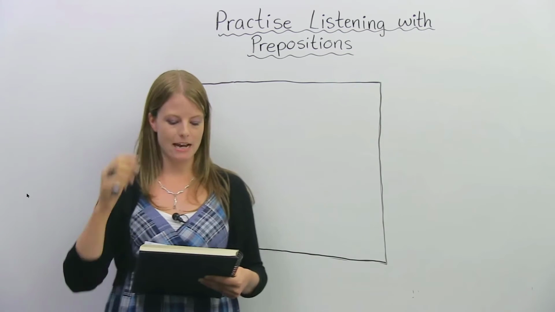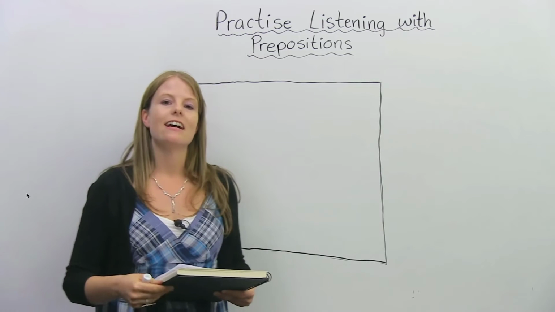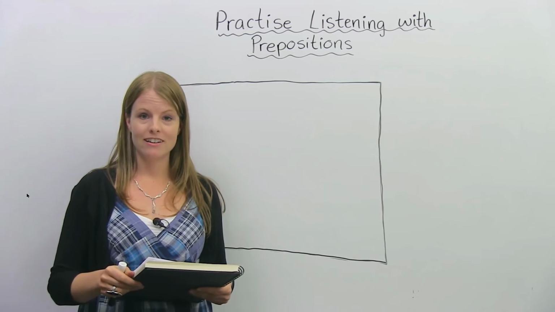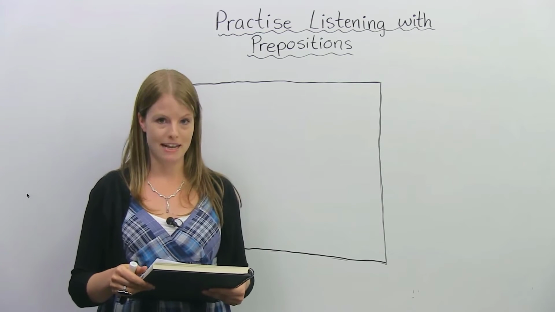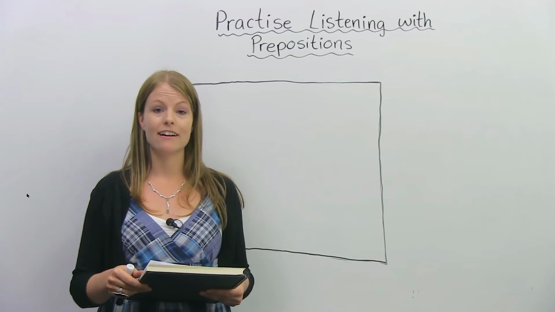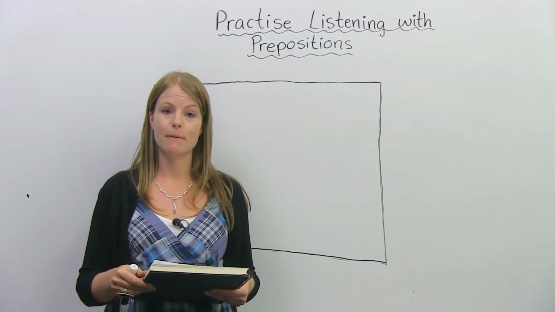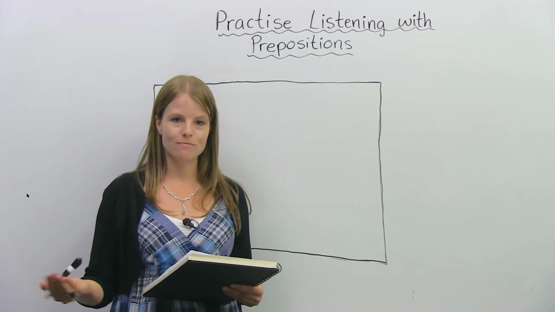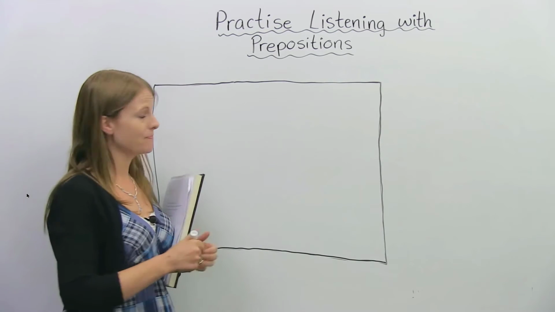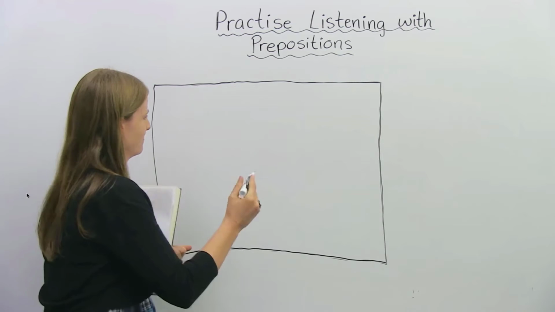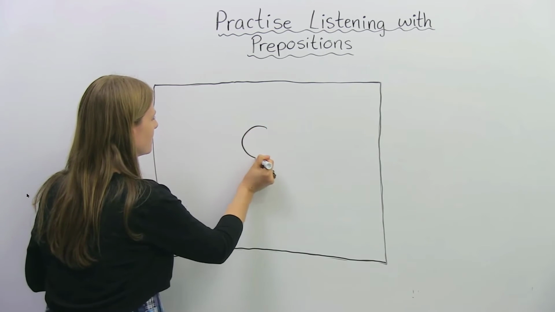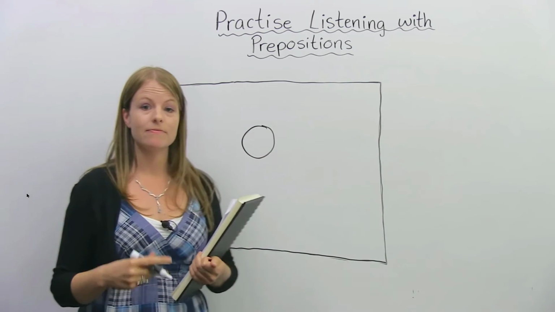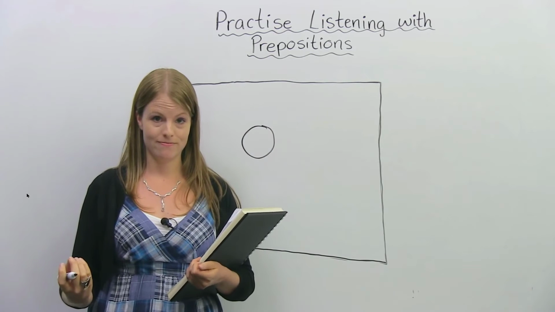For example, if I say, there is a circle in the center of the page, what do you do? You take your pencil and you draw a circle in the center of the page.